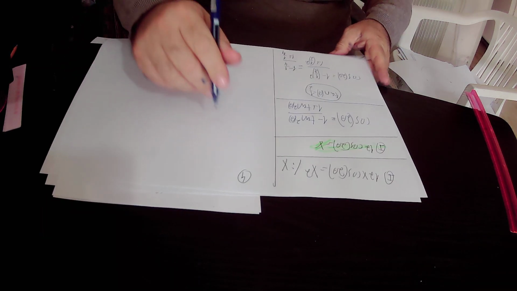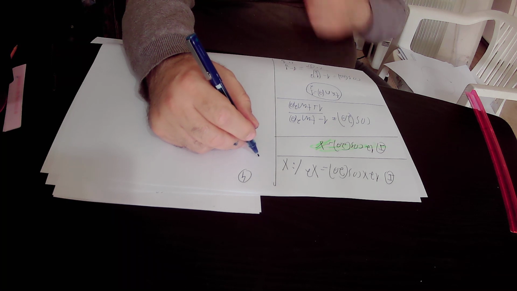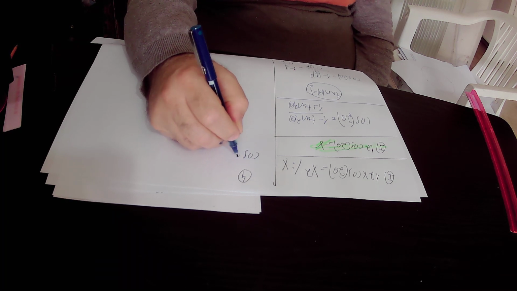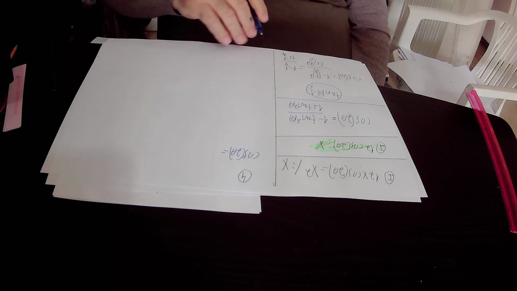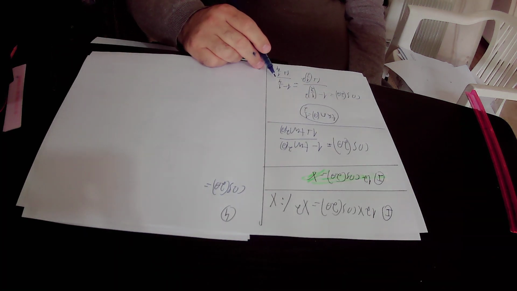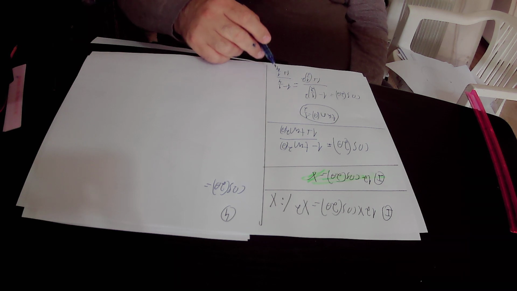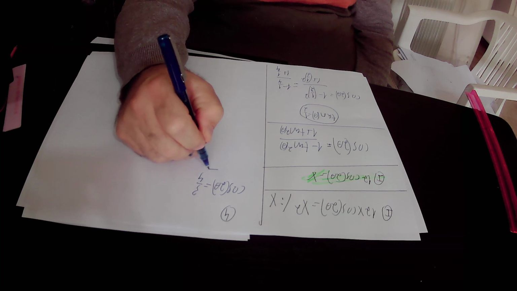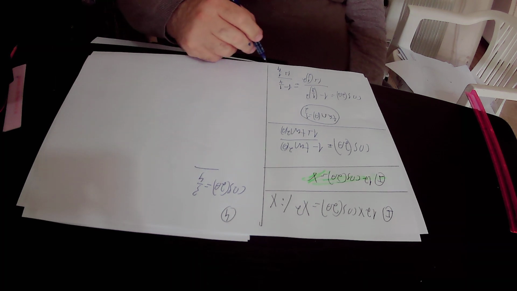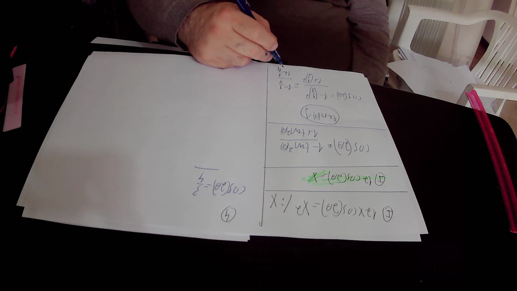So in conclusion, we found out that cosine 2 theta equals 1 minus 1/4, which is 3/4, over 1 plus 1/4, which is 5/4.